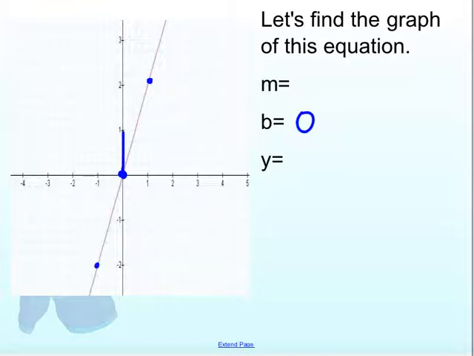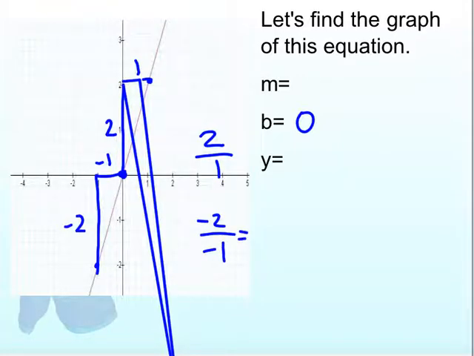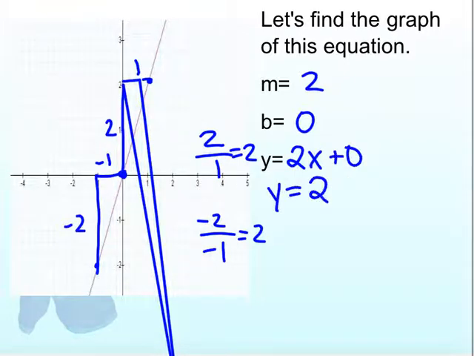So when I make my slope triangle, I see that I go up 2 and over 1. So a rise of 2 and a run of 1. Or we could go left and down, so -1 and -2. So a rise of -2, a run of -1. So we just get 2 in each of these. So we have a slope of 2. A y-intercept of 0, so we plug it in and we say we have 2x plus 0, or just y is equal to 2x.